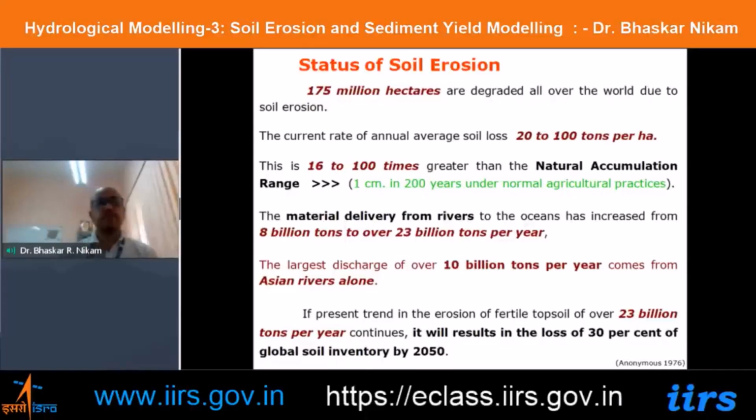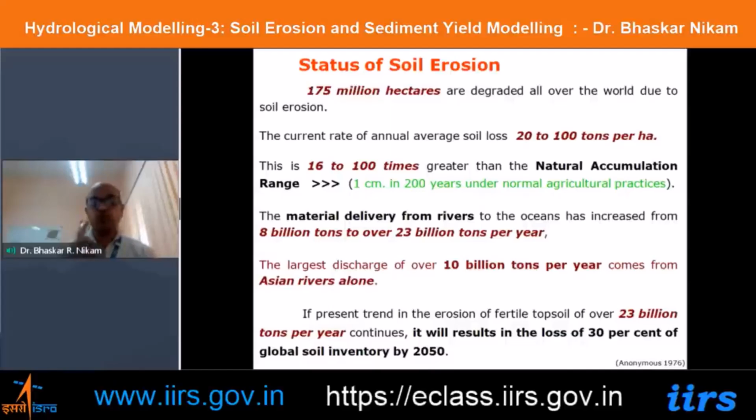This happens because the accelerated erosion rate globally is 16 to 100 times higher than the natural soil accumulation rate. It is generally said that in standard agriculture practice, it takes around 2 years to form 1 centimeter of new soil.